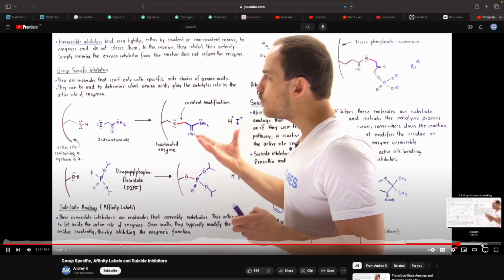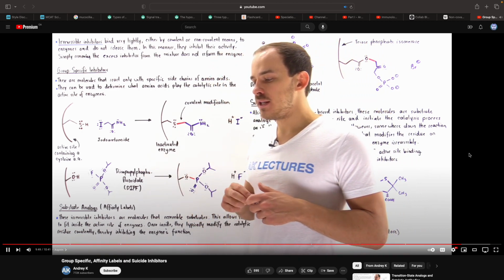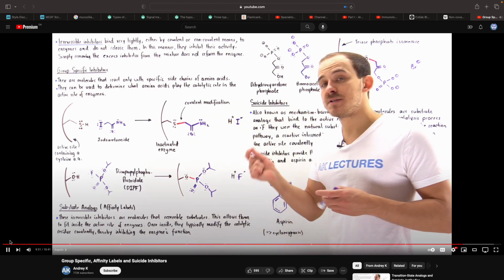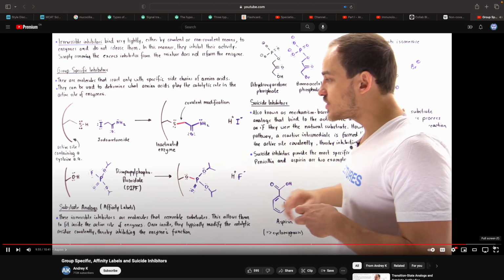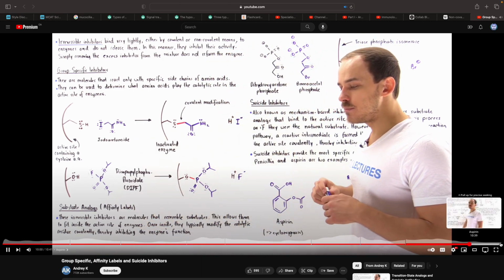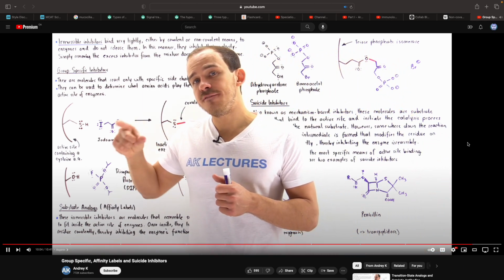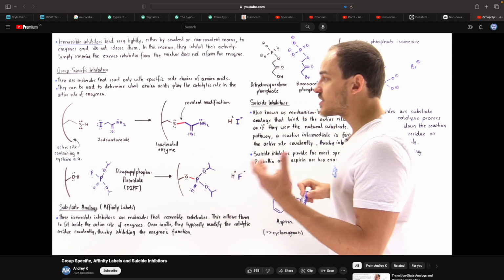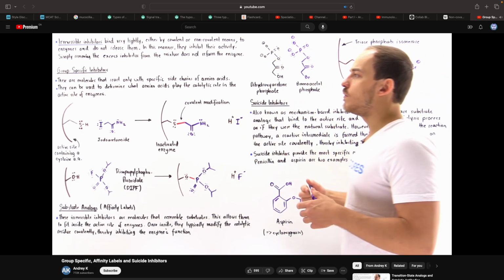So we have group-specific inhibitors, which are basically these irreversible inhibitors that bind onto specific groups, specific residues, specific amino acids. We have substrate analogs, also known as affinity labels, that essentially resemble that substrate, and so they can fit into the active site of that substrate and modify that particular active site in some covalent way.